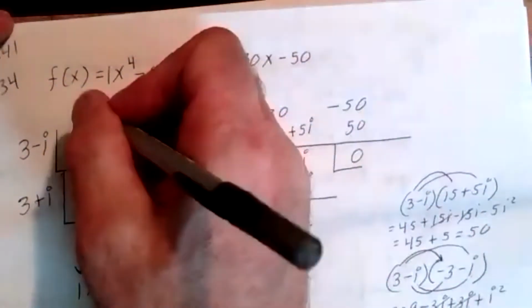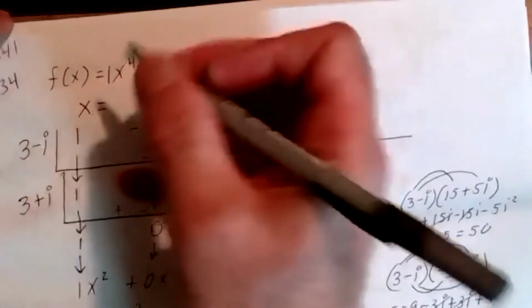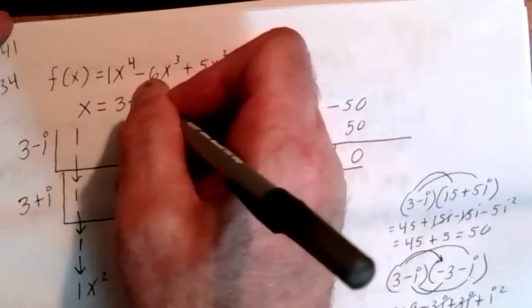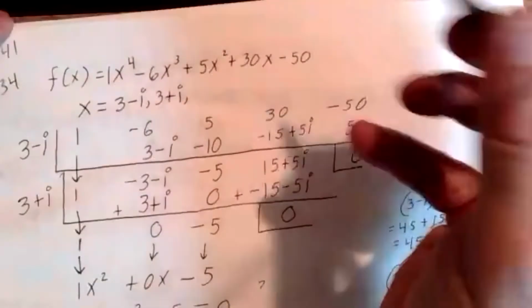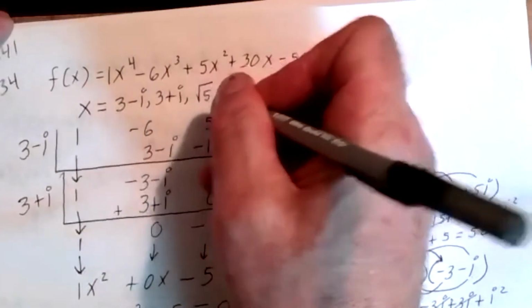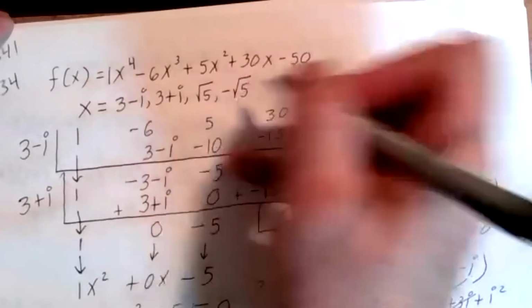And we are done. Ladies and gentlemen, we have found all the zeros of this polynomial function. The zeros are 3 minus I, 3 plus I, positive square root of 5, negative square root of 5.